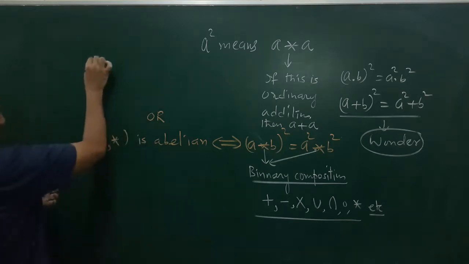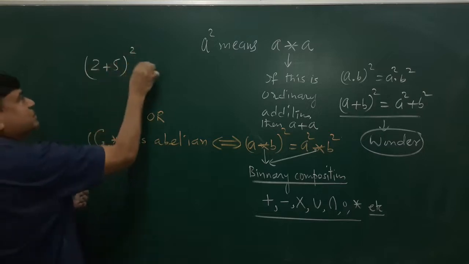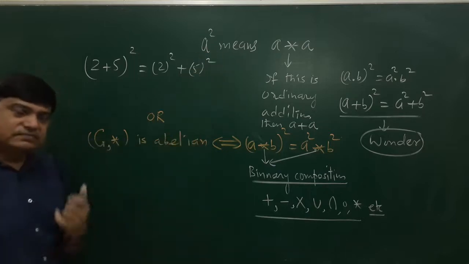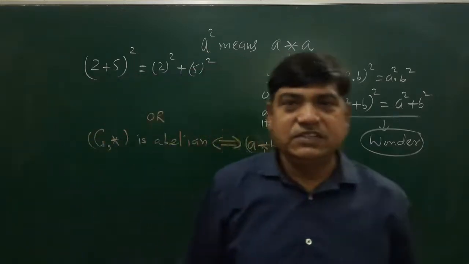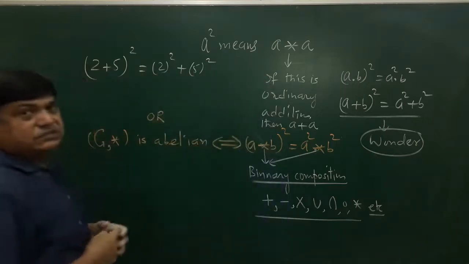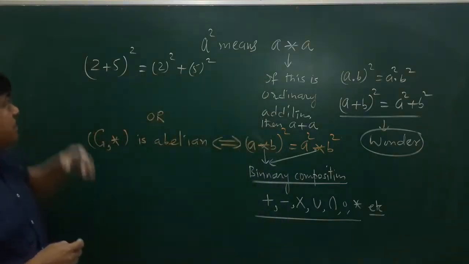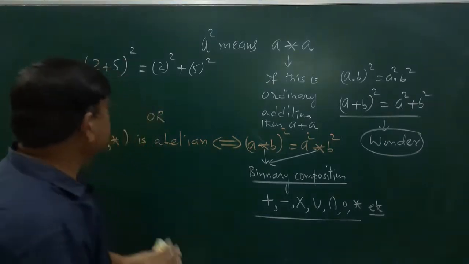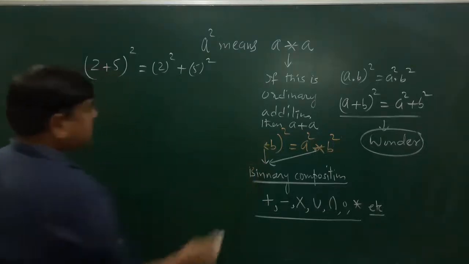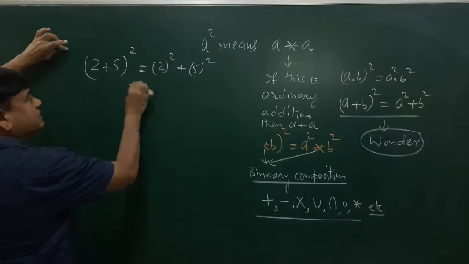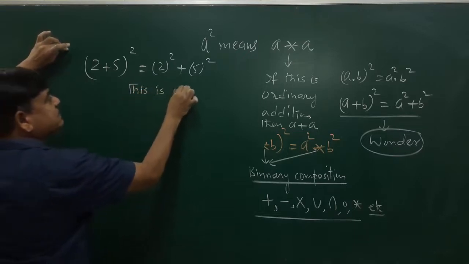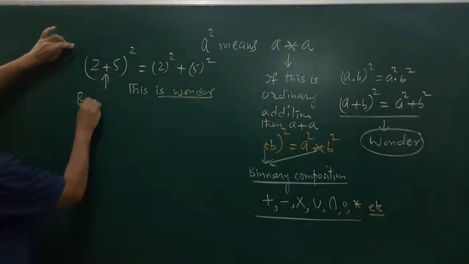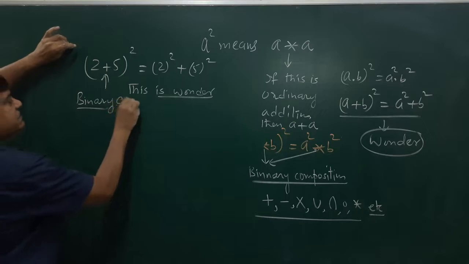Suppose I say (2 plus 5) whole square is 2 square plus 5 square. Is it true? No. Remember the answer of this. Be careful. Remember, this is a binary composition.